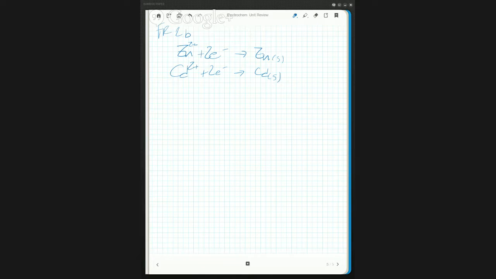So let me pull up a reduction potential table. It's probably in your book too. See if I can find one that's pretty visible.